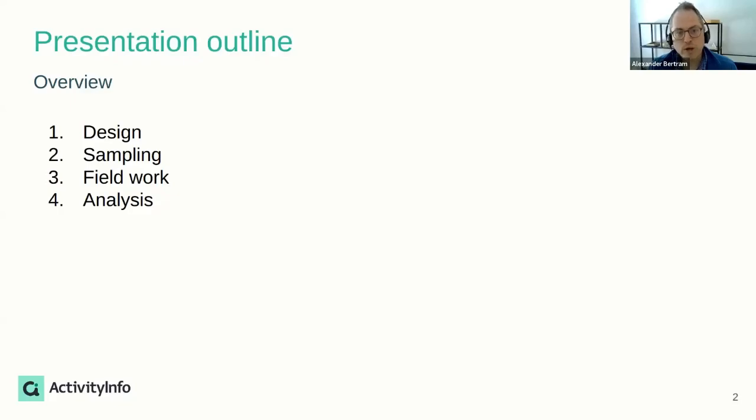Then third, we'll look at actually doing the field work, actually collecting the data using ActivityInfo's mobile app. And finally, we'll turn to ActivityInfo's notebooks for doing some analysis of the data that we've collected and draw some conclusions about, at least about the results within our participants.